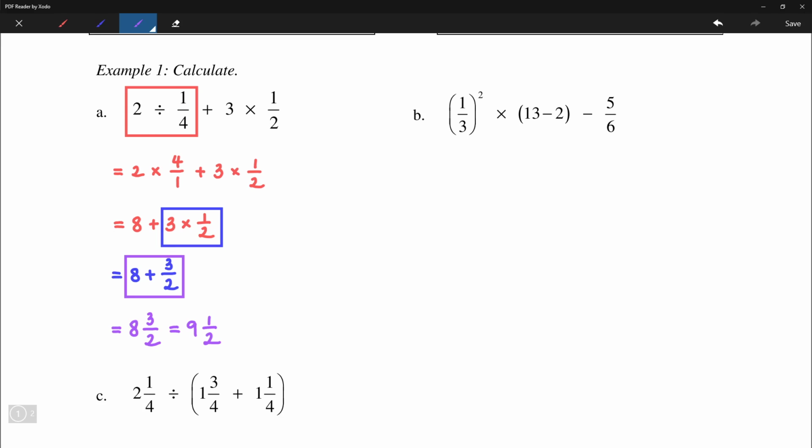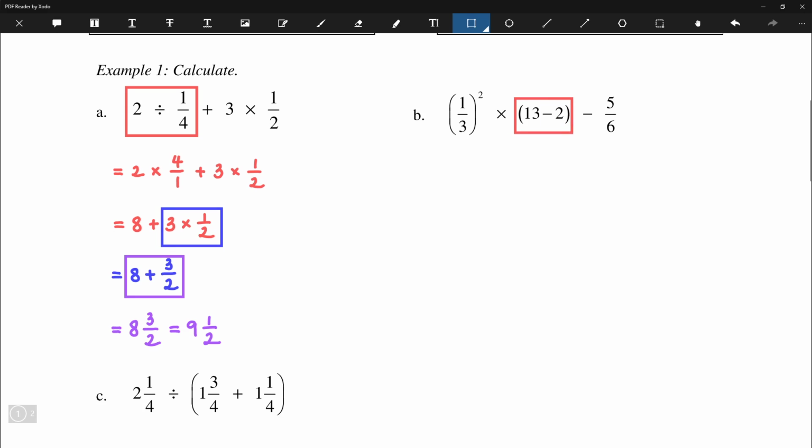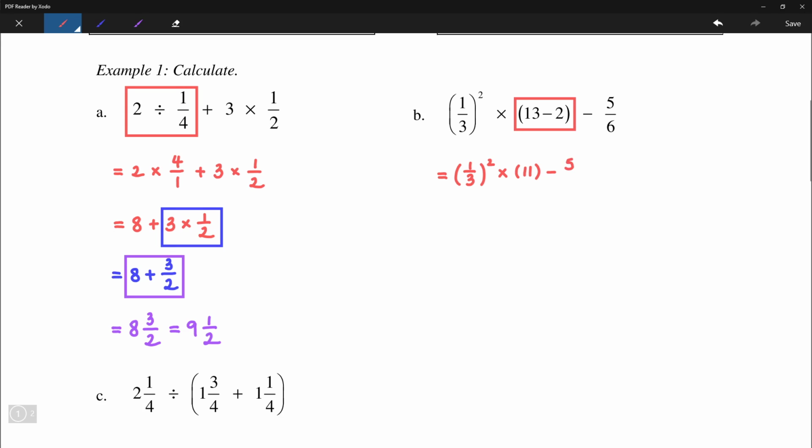Okay, so next example, 1b. We do have parentheses in this case, so the first step is to subtract 1/3 and 1/2. So that will give us 1/3 squared times 11 minus 5 over 6.